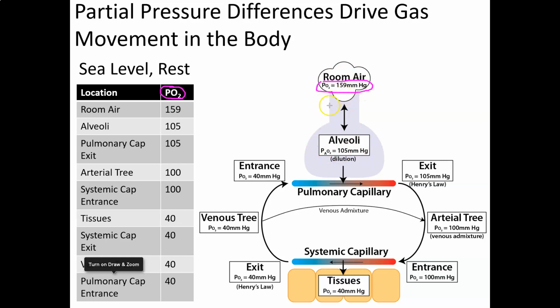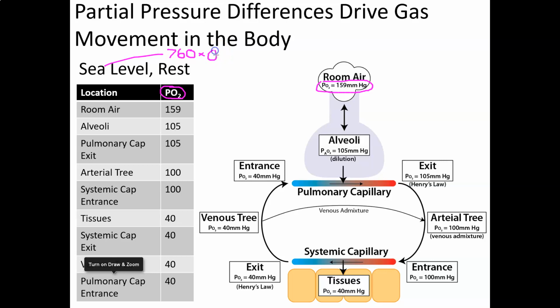Now, how do we get 159? Well, this is sea level. So remember, sea level, we say the total pressure is 760. And then the percentage of oxygen in the room air is 20.93%.